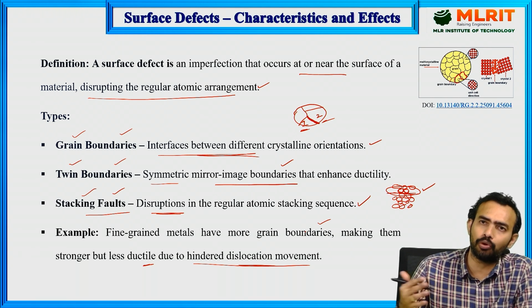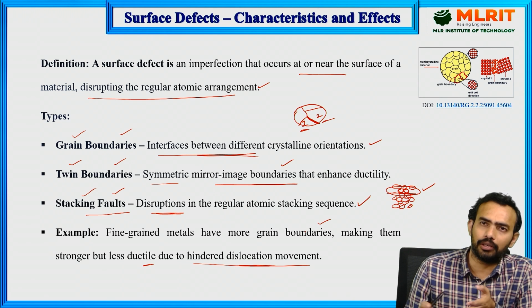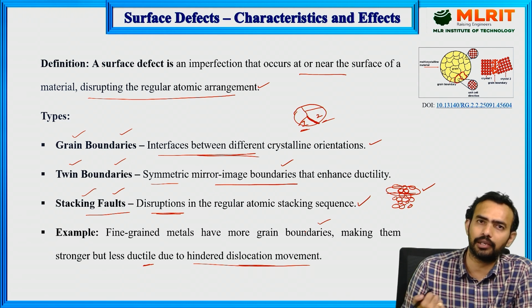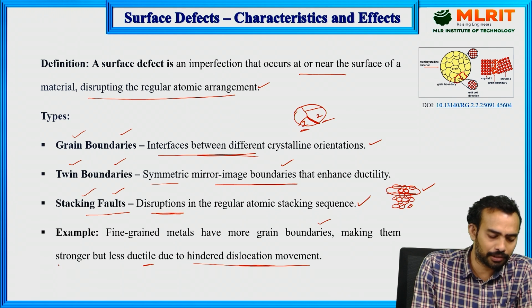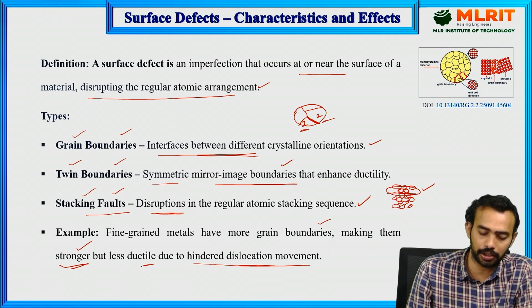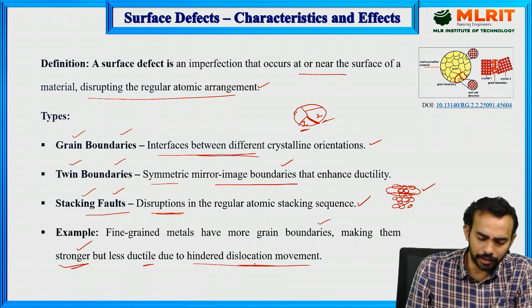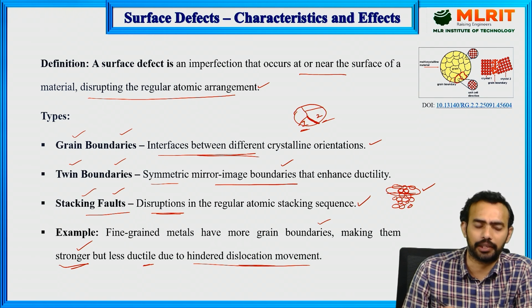When you have more boundaries, when a deformation occurs on the metal, these dislocations will be moving and arresting at the grain boundaries, and that strengthens the material because of the fine grain structure, but it will be having less ductility. In short, that is one of the strengthening mechanisms which we will see in our next class.